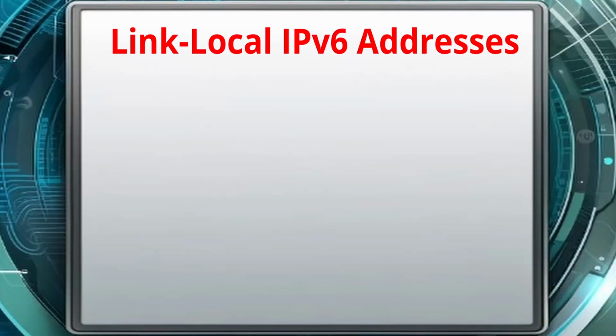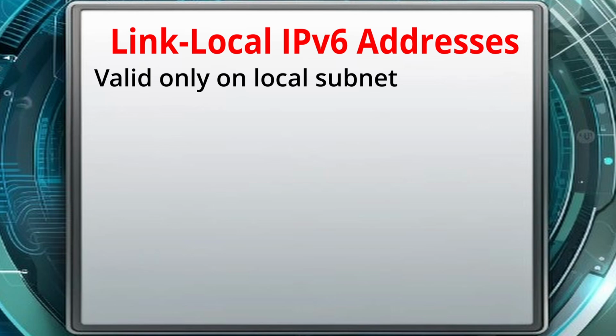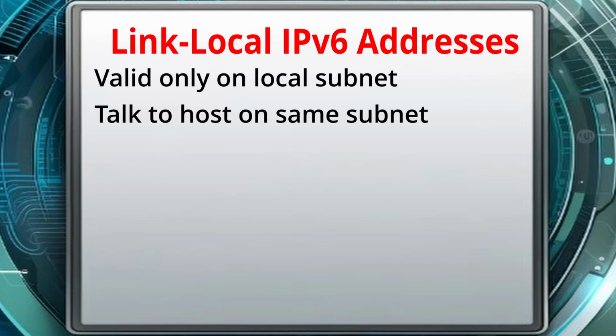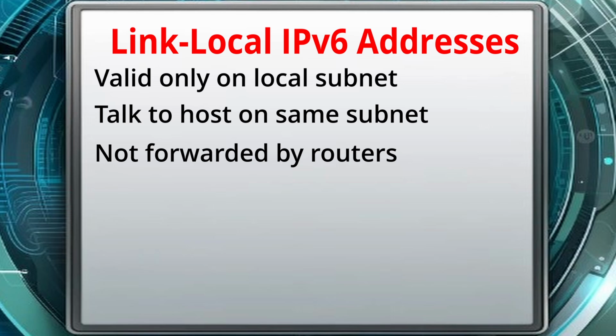Link local addresses are only valid on the current subnet and can be used for communication between two hosts when no other type of IPv6 address is set. But it's important to note that routers don't forward link local addresses. This is similar to an IPv4 APIPA address, but with IPv4, an APIPA address is only used when no other IP addresses are presently configured.